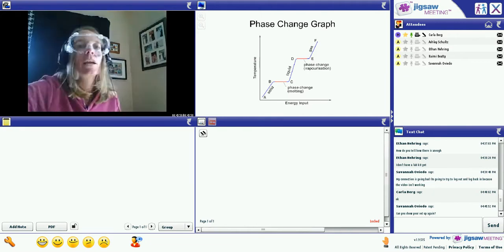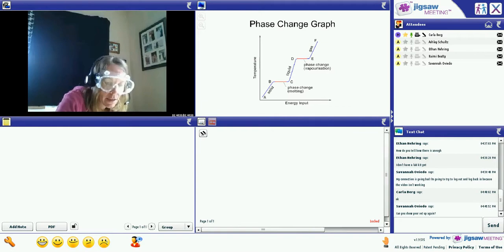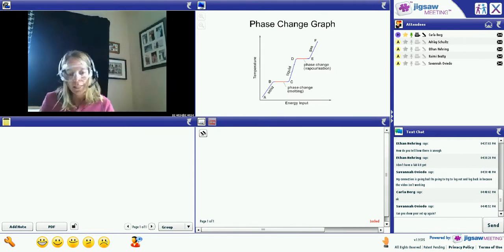Okay, mine has turned. So I am going to record my temperature in degrees Celsius right in my lab book under cetyl alcohol.